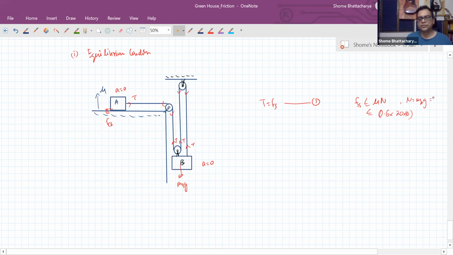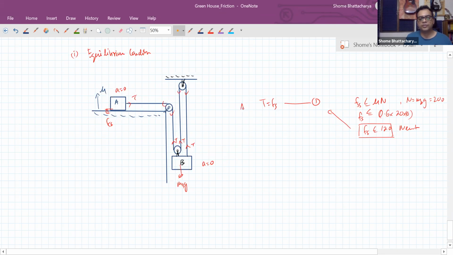Okay, so that's 200 newtons. So maximum static friction is 120 newtons. So that will apply over here.